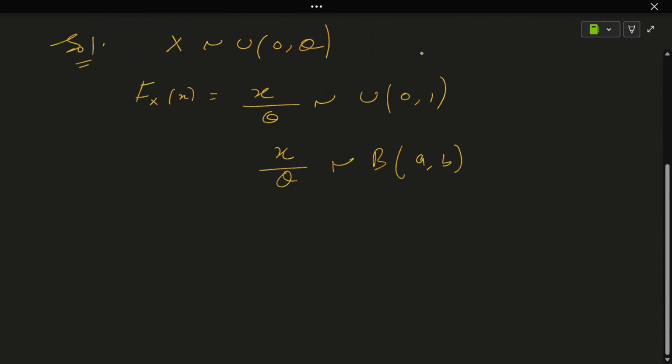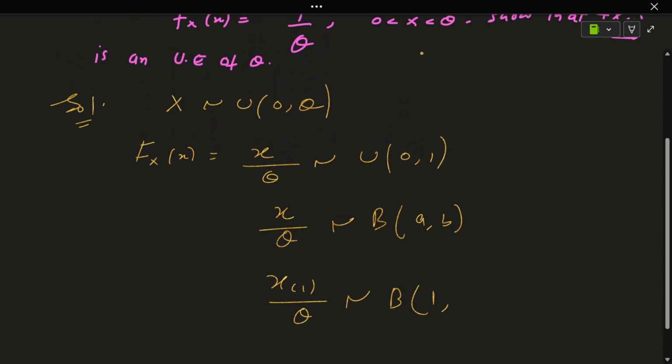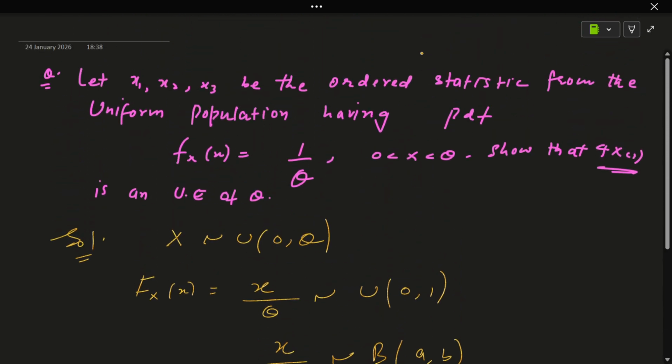Now let's decide this a comma b. If we calculate first order statistic x1 divided by theta, it will follow beta. In place of a we have the order statistic index, and in place of b we have n, where n is 3.